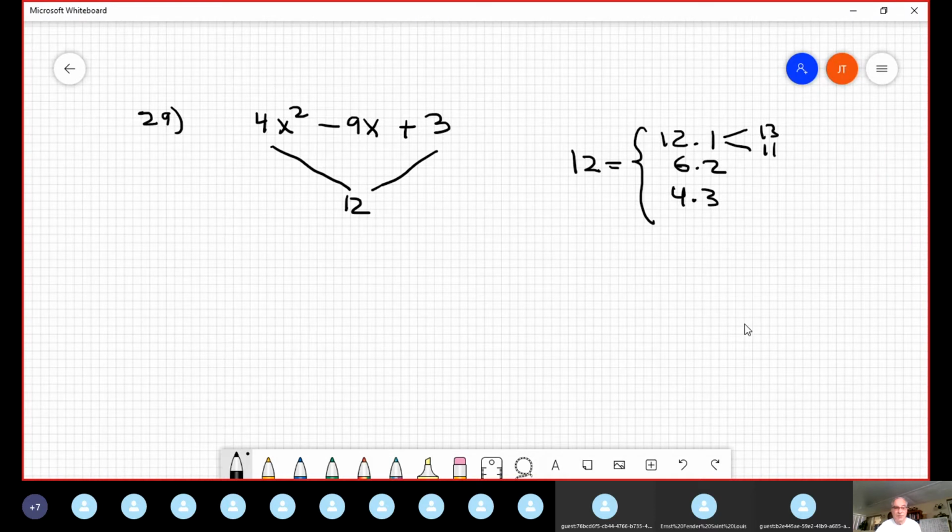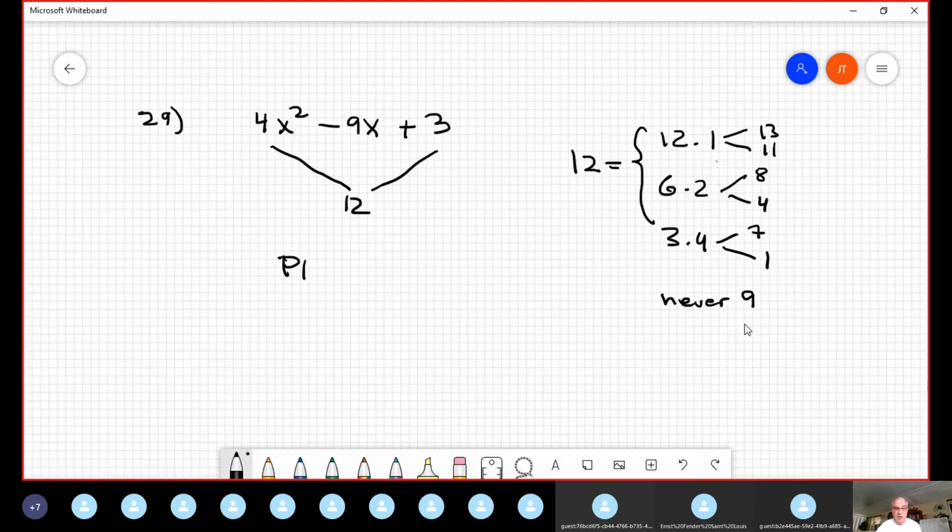But we need 9. 6 and 2: when you add it is 8, when you subtract it is 4. And 3 and 4: when you add it is 7, when you subtract it is 1. So you see that these numbers never give me 9. Therefore, it is impossible to do the factorization. And the answer is this trinomial is prime.